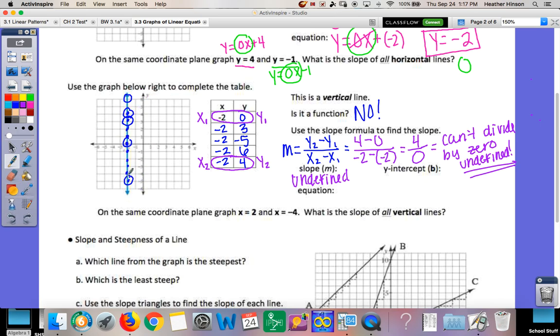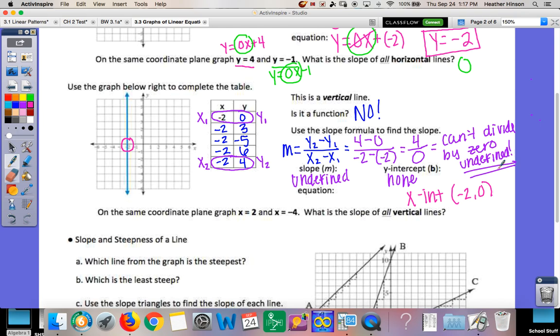It never crosses it because it's just going straight up at -2. So there is no y-intercept. However, there is an x-intercept. If you don't have a y-intercept, we move over to x. The x-intercept here is going to be -2, 0.